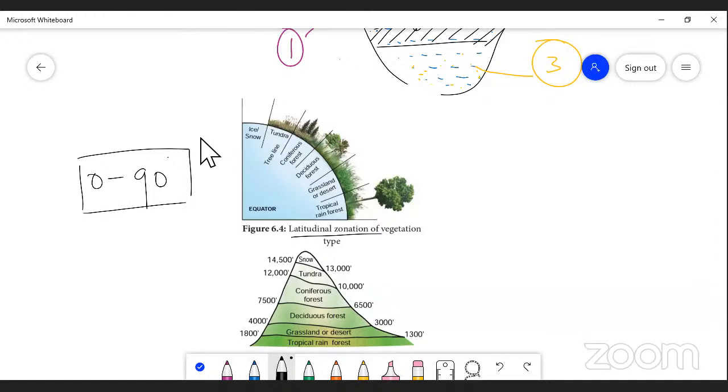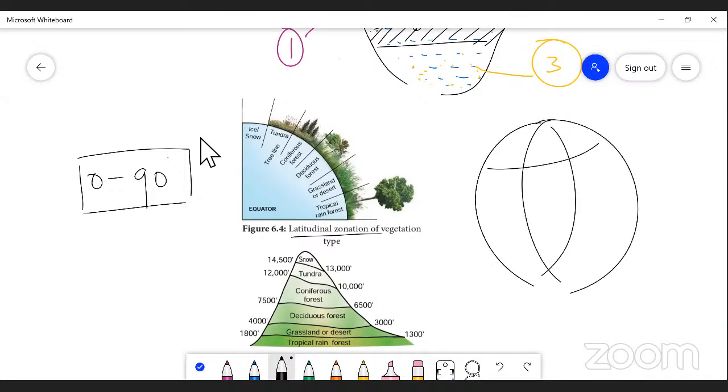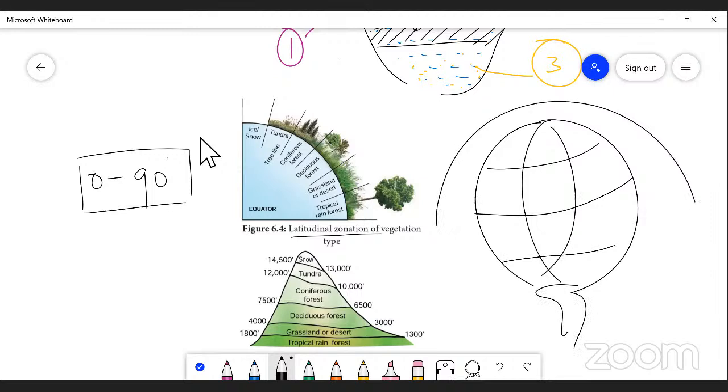If you take the earth, right? Now this is the earth in which we find, let me represent, the largest biosphere. Earth is the largest biosphere, in which let us represent 0 to 90 degree, right?